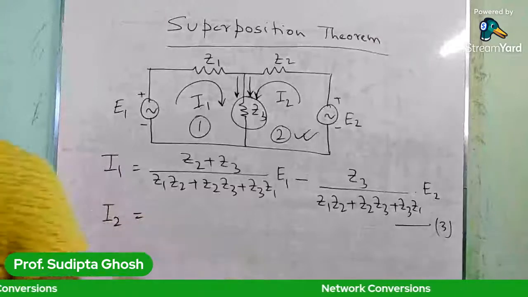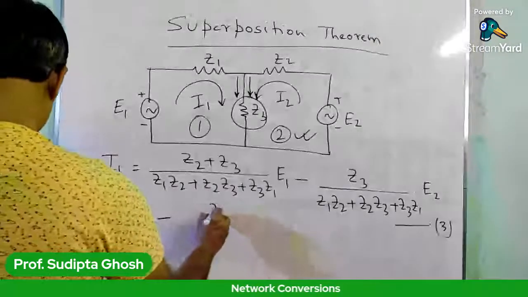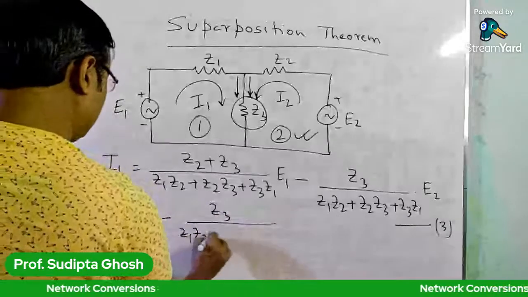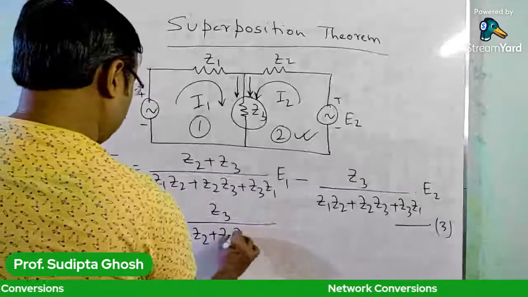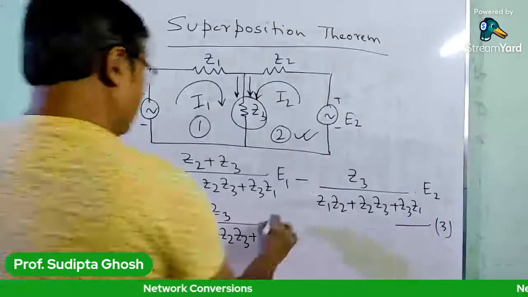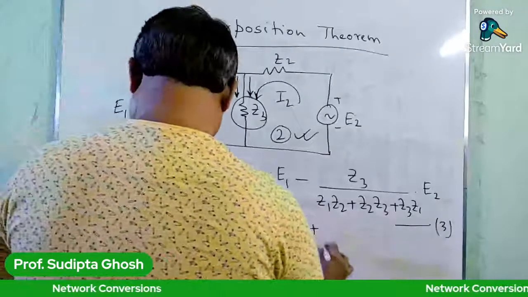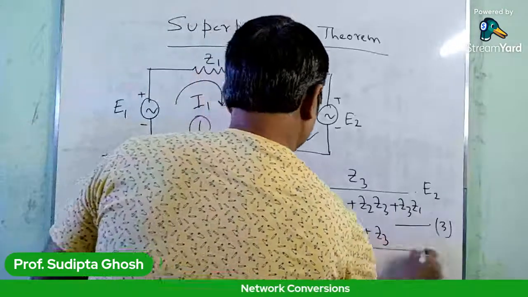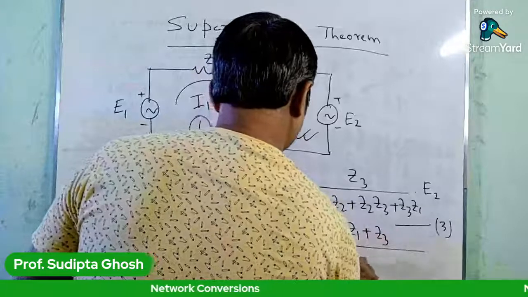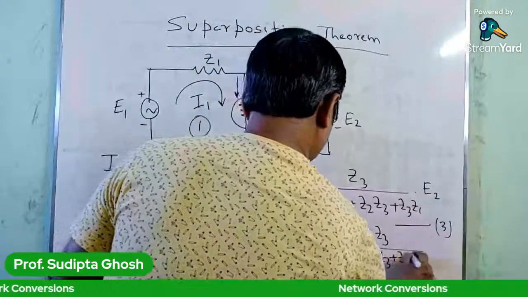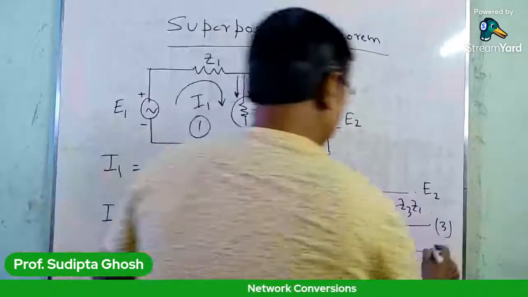And the value of I2 you can find as well: minus Z3 divided by (Z1 Z2 plus Z2 Z3 plus Z3 Z1) into E1, plus (Z1 plus Z3) divided by (Z1 Z2 plus Z2 Z3 plus Z3 Z1) into E2.